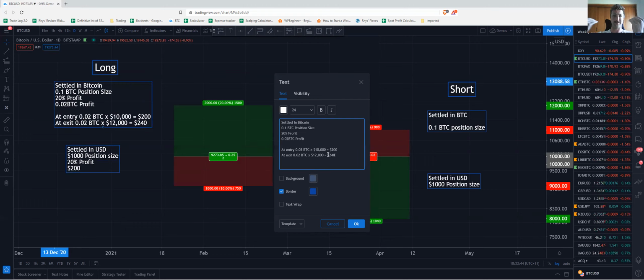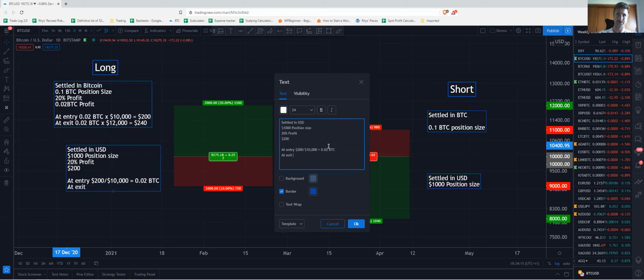Whereas if we look at the same position but settled in USD, at entry, $200 on $10,000 gives us our 0.02 BTC. So that's all good, that checks out. But at exit, we now have a $200 profit because it was settled in USD, but it's on $12,000, which gives us a profit of 0.0167.